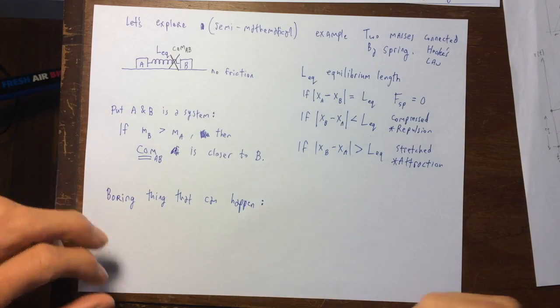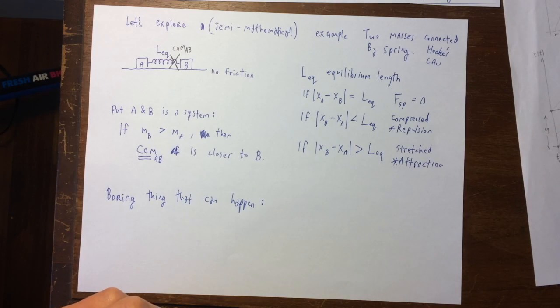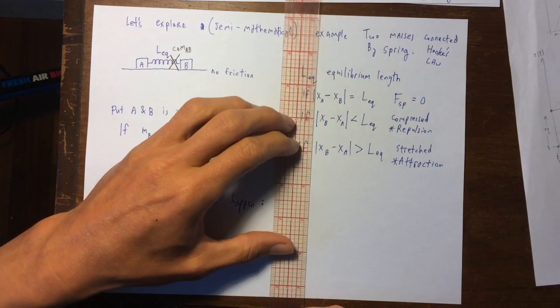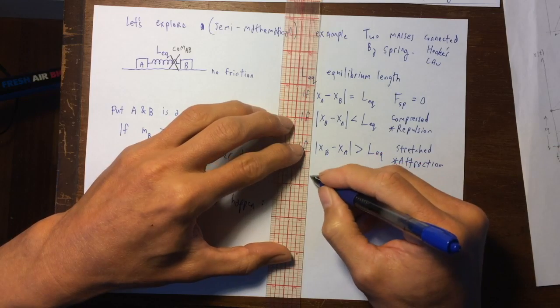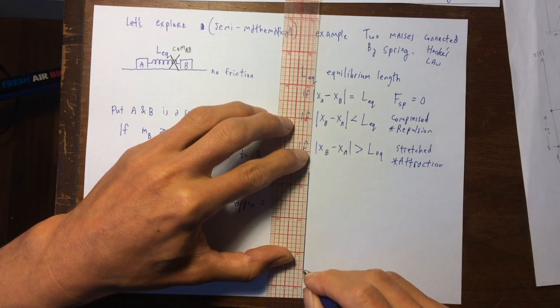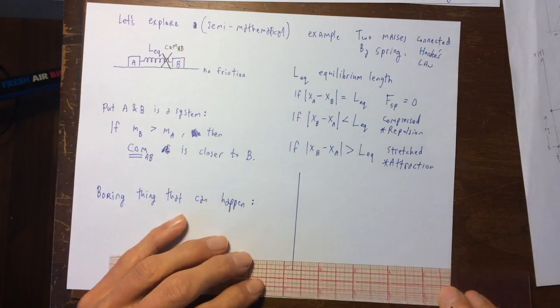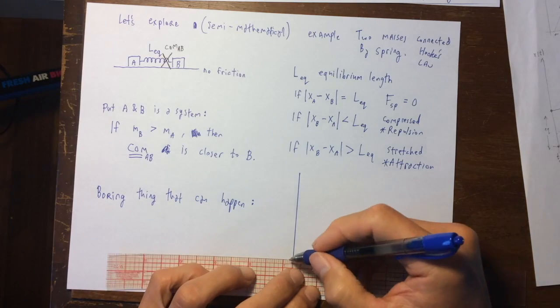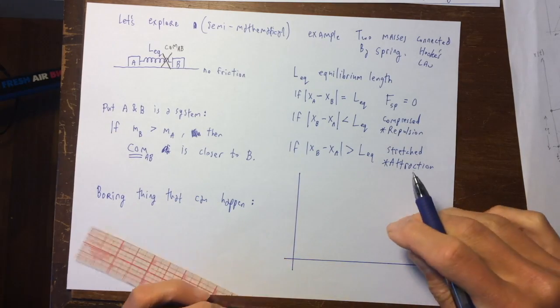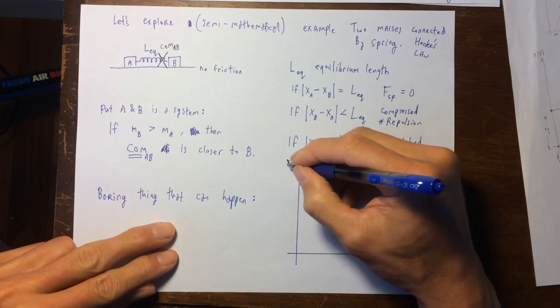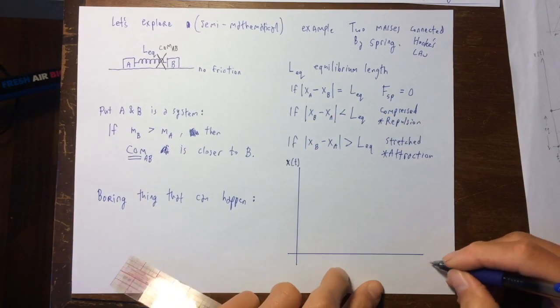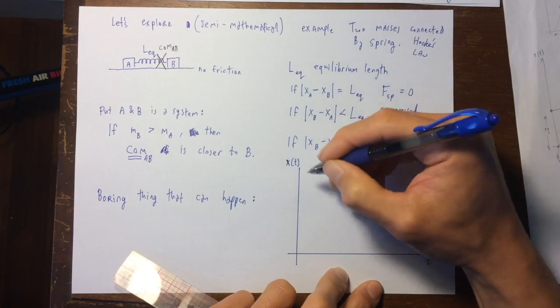What if I drew a graph of the position as a function of time versus the time?